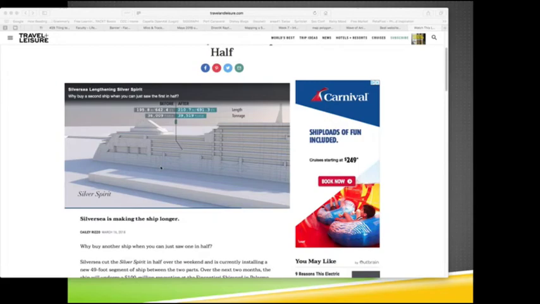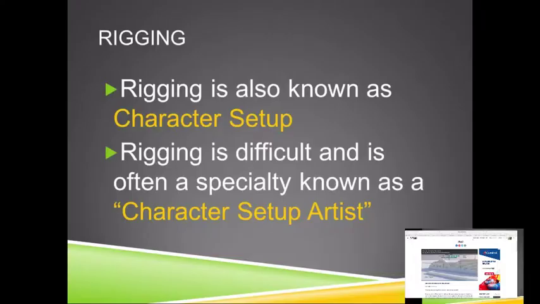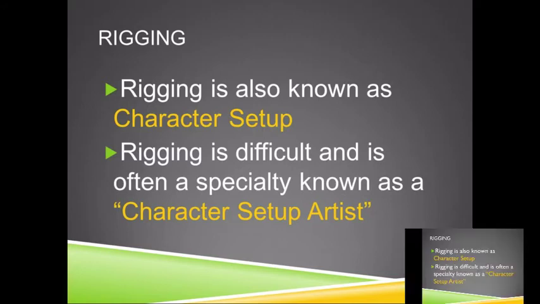Lots of uses for animation out there. All right, we did the test review. Today I'm going to talk just briefly about rigging. And if you ever see credits on a movie, like one of the Marvel films or anything that's got a lot of CG in it, character setup artist is the title you'll see for people who do rigging all the time.